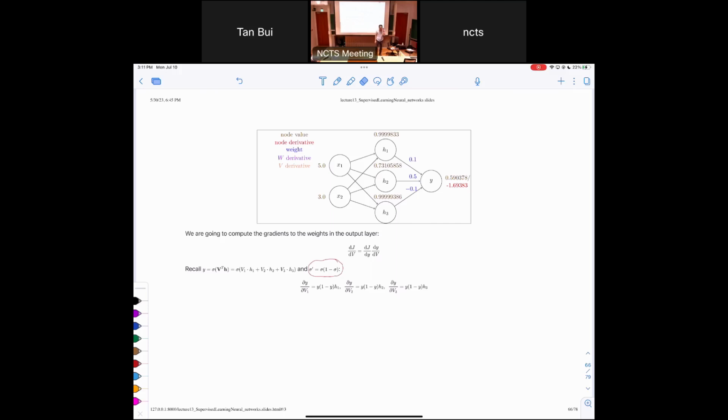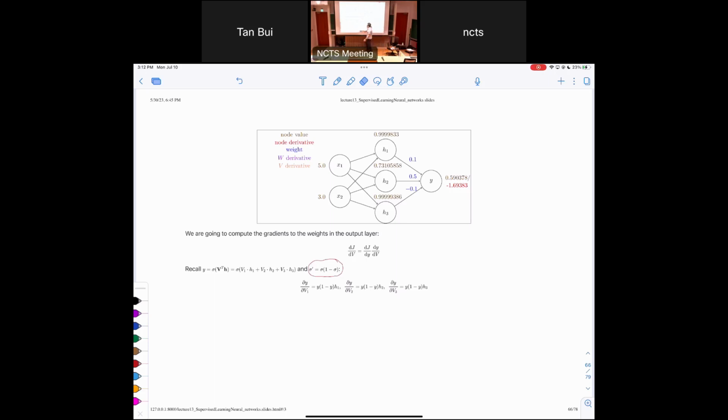What's that? B plus H. Oh, you mean V transpose H? No, this is chain rule.